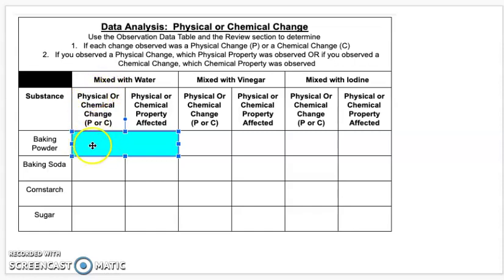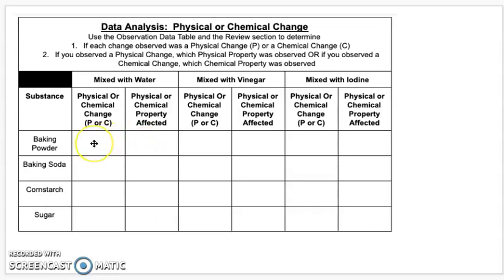The first box right here tells me that I need to put a P or a C for a physical change or a chemical change. And then I need to match it to which physical or chemical property I saw. So if I saw bubbles, gas is a new thing, that would be C, chemical change. And because it's bubbling, that's a reaction, so my chemical property would be reactivity.